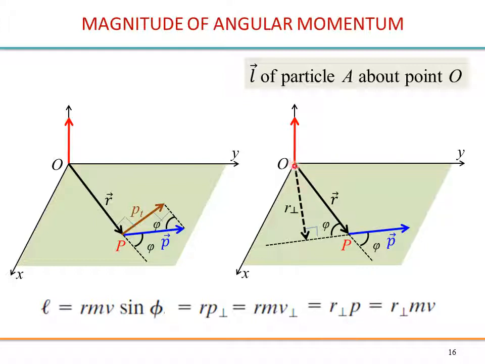You can also take R perpendicular, that is the lever arm, multiplied by p. Most of the time you will just take R m v sine phi. These may be particular cases that are simple for some reason, but most of the time keep it this way. It is a cross product of R cross p, so obviously the direction will be this way in this case.